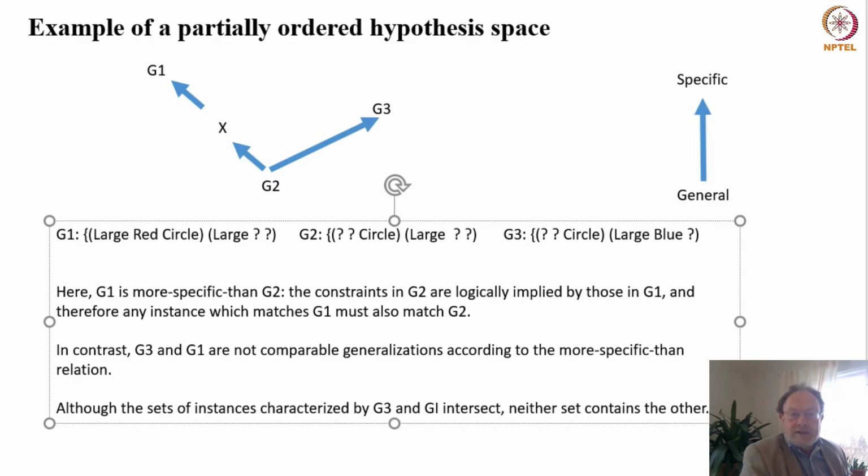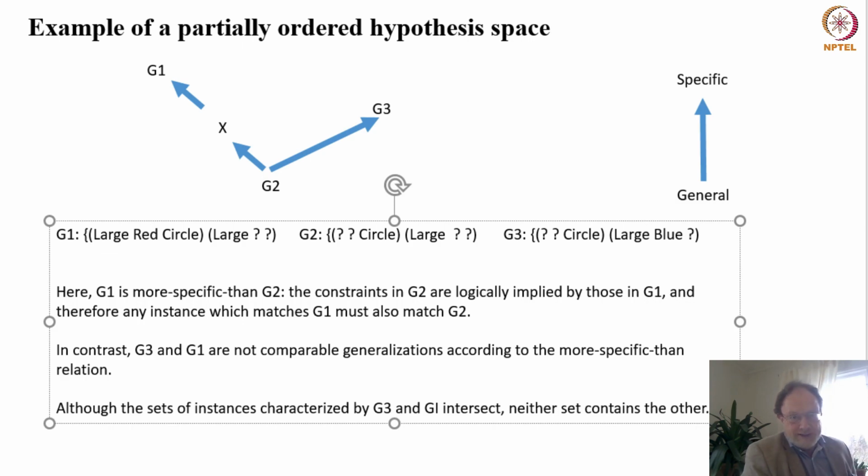As you see in the example, they are ordered from general to specific. You can see here G1 is more specific than G2, and you can also see that G3 is more specific than G2.